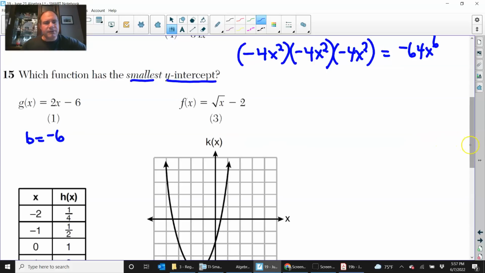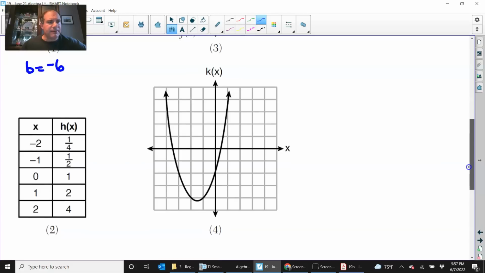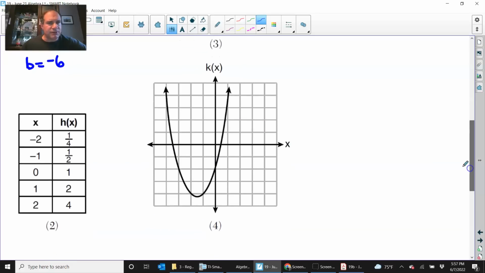All right, you do have to know a little something about this table here. I'm going down to number 2. The y-intercept on this table, when x is 0, the h of x, is where it crosses the y-axis. So if you plotted 0, 1, it would be right here.